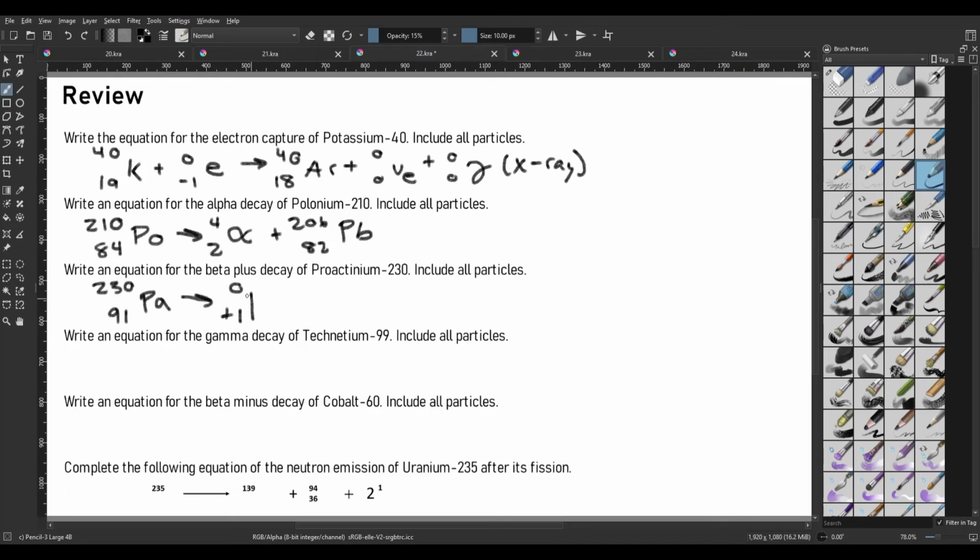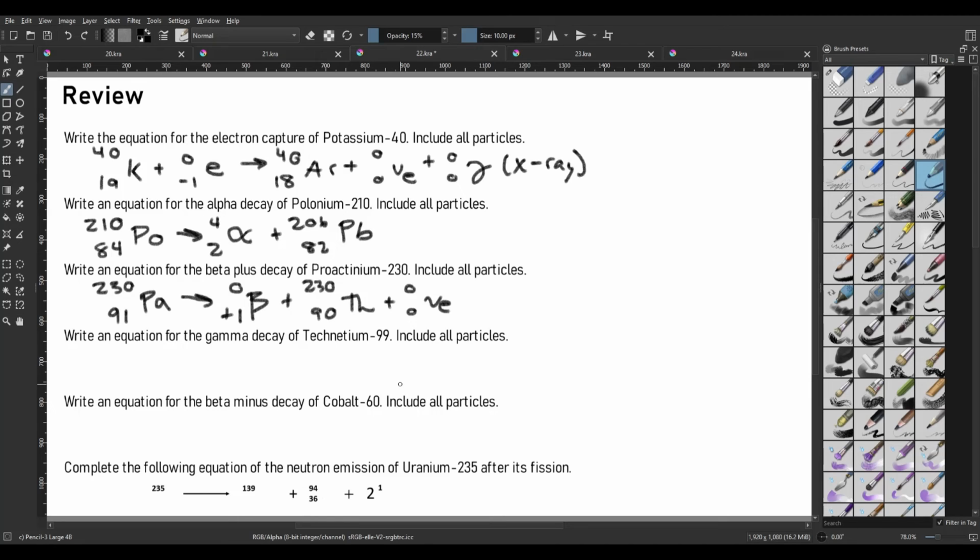We can use the electron or the positron there if we wanted to, but we're going to go ahead and use the beta particle. Protactinium turns to 230, and element 90, if we look on the periodic table, is thorium. And we have to include an electron neutrino.